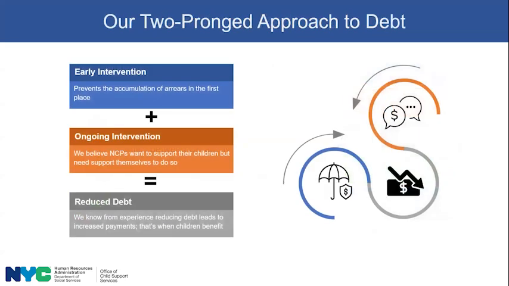So our solution, our two-pronged approach to debt, is as such. Programs designed to head off new debt or to help with debt reduction are part of OCSS's mission. So our two-pronged approach involves, one, early intervention for newer cases. We want to prevent the accumulation of arrears in the first place. Plus, secondly, ongoing intervention for cases that have established arrears.